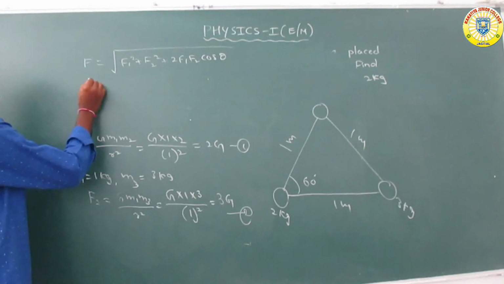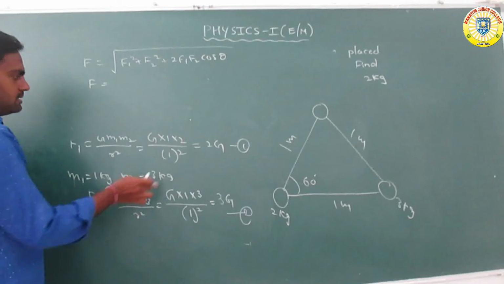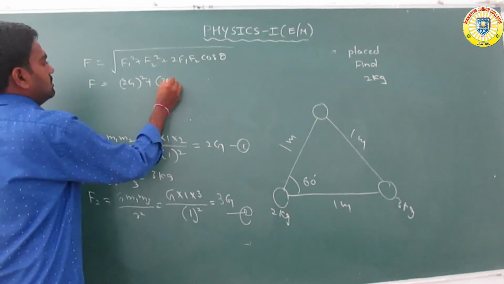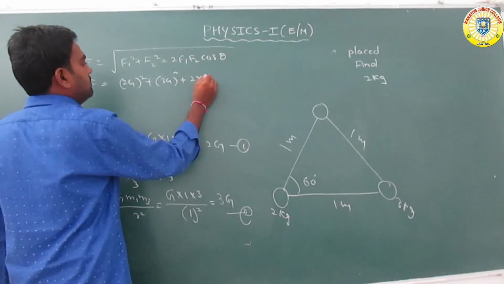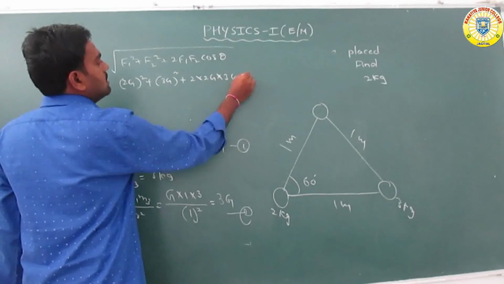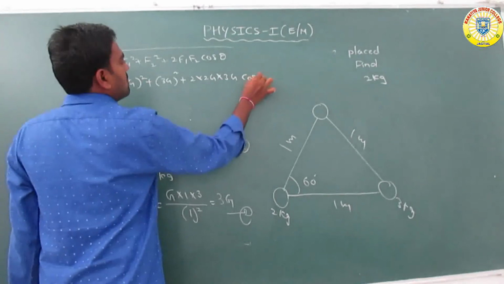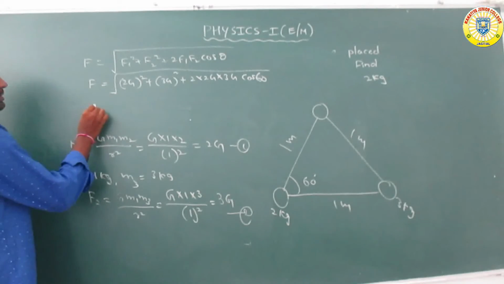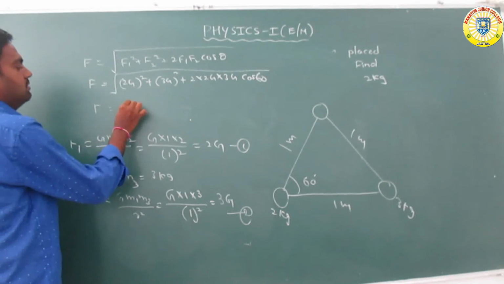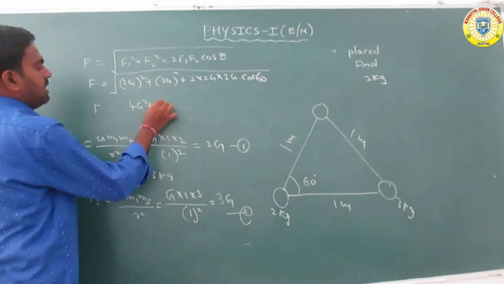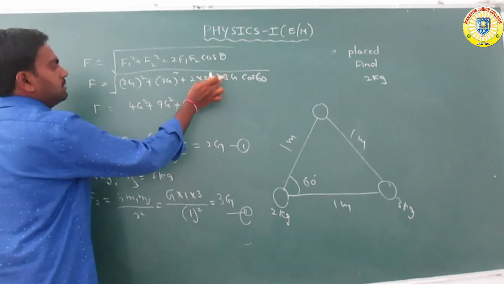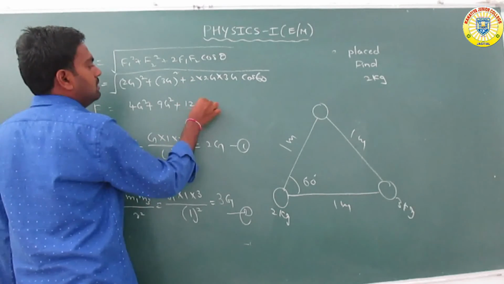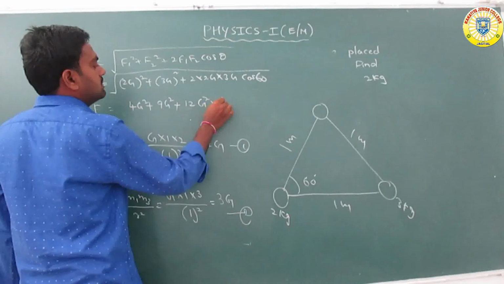F is equal to under root of 2G square plus 3G square plus 2 into 2G into 3G cos theta, where theta is 60 degrees. So 4G square plus 9G square plus 12G square into cos 60, which is 1 by 2.